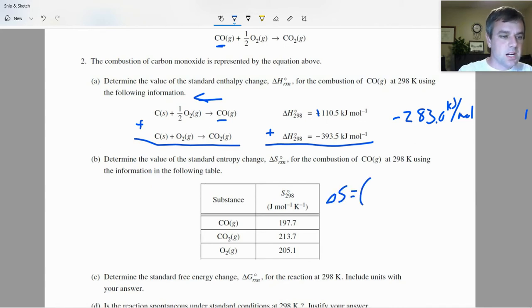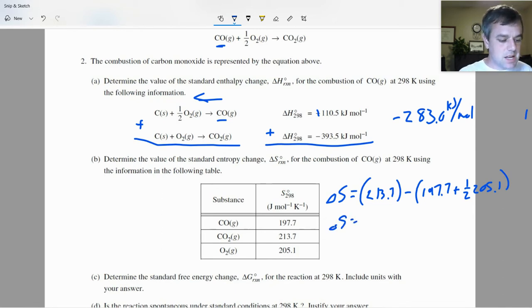We're going to take the product CO2, which is 213.7, minus the reactants, 197.7 plus 1/2 of 205.1. And when we do that math, we should end up with negative 86.5 joules per mole Kelvin.